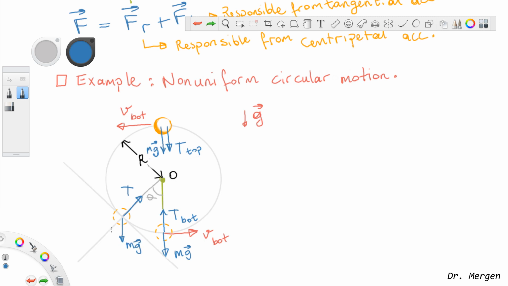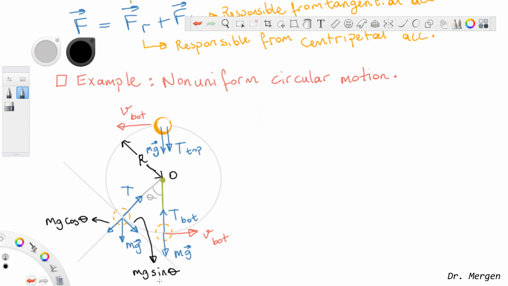And for the weight of the sphere, it will be much easier to analyze if we project the weight onto the tangential and the radial axis. Here, this vector represents the radial component of the weight of the sphere, and this vector represents the tangential component of the weight of the sphere.